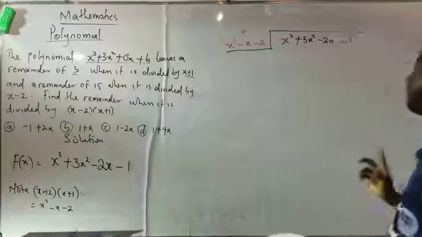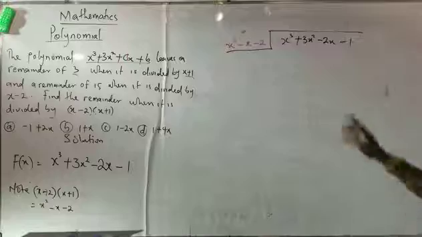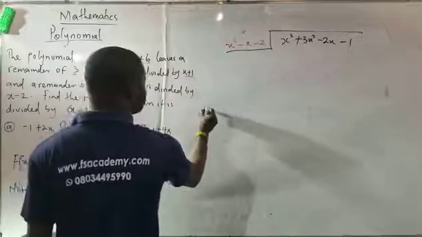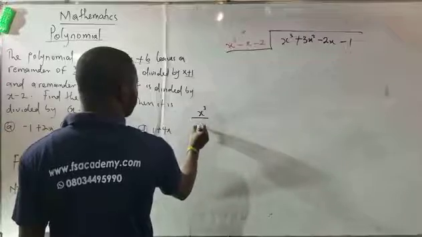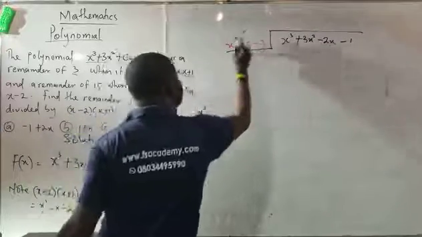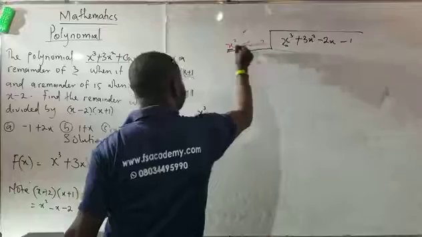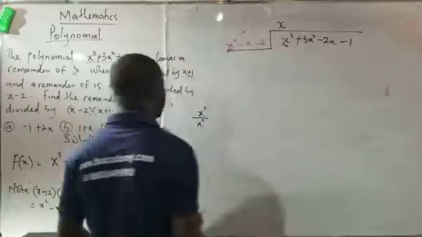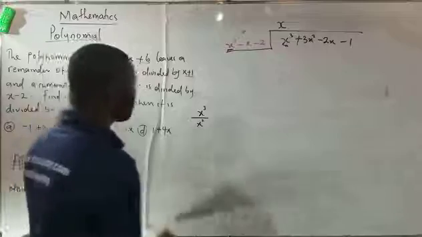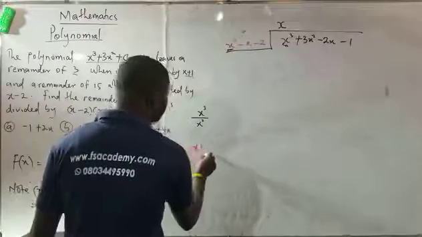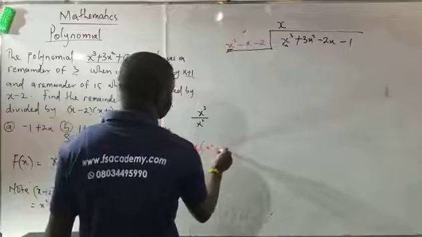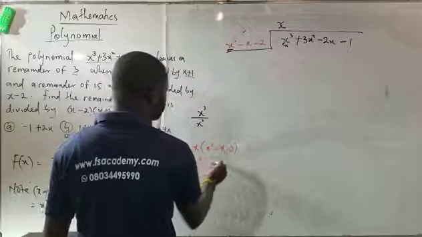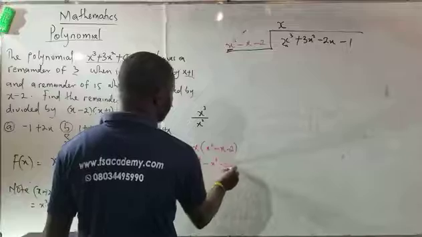The first thing I will do is pick this one: x cubed divided by x squared, which gives us the quotient x. Now I will multiply that x by (x squared minus x minus 2), which gives x cubed minus x squared minus 2x.